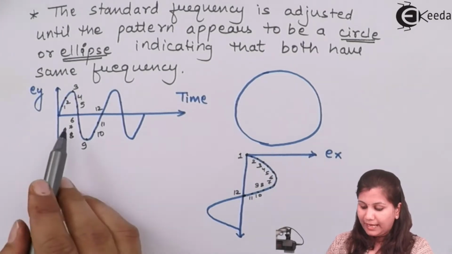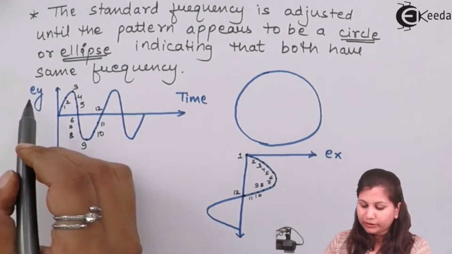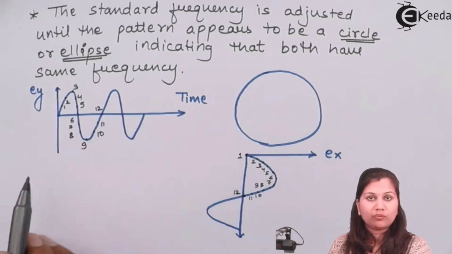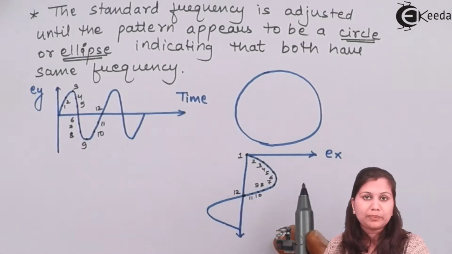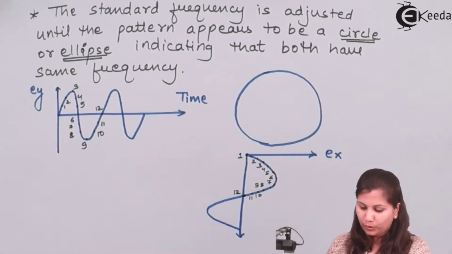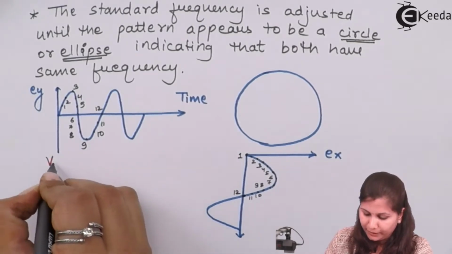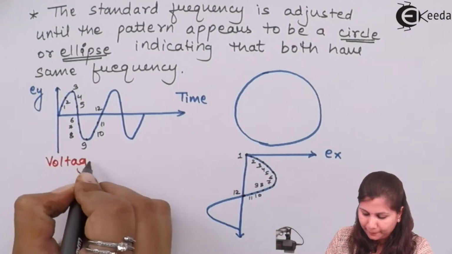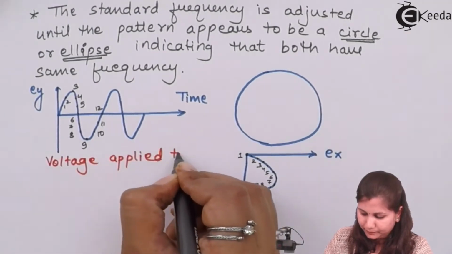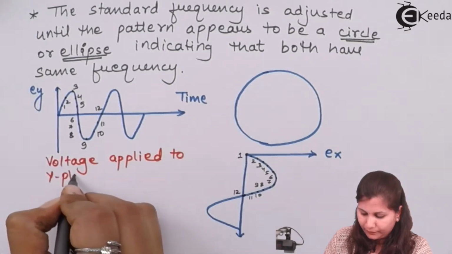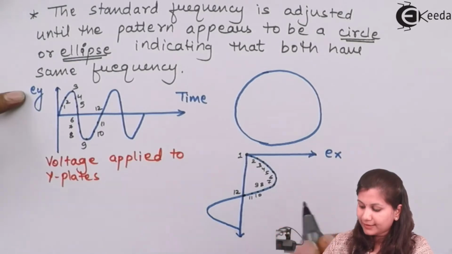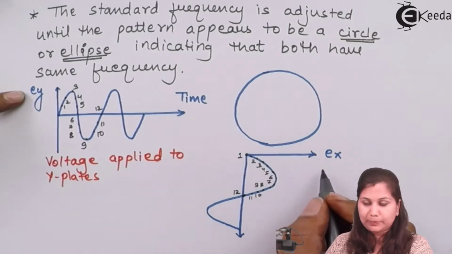So here we have the two inputs. On the Y plates, we are applying the signal whose frequency we want to measure, and on the X plates, we are applying the signal whose frequency is already known to us. So here is the voltage applied to the Y plates, which is represented as EY, and this is the voltage applied to the X plates.